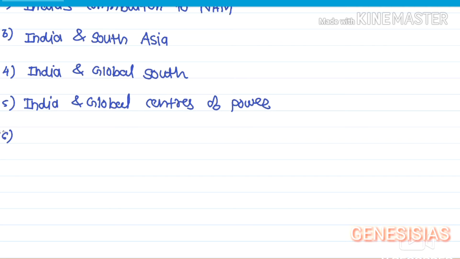Then the sixth point for the syllabus is India and UN system. And role of UN peacekeeping, demand for the permanent seat in Security Council, that we will see in this portion. Then the seventh one is India and nuclear question.